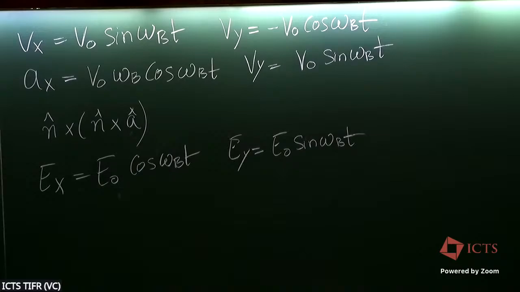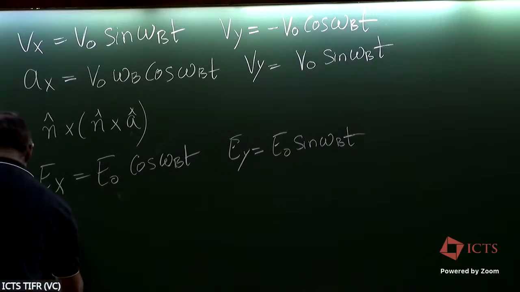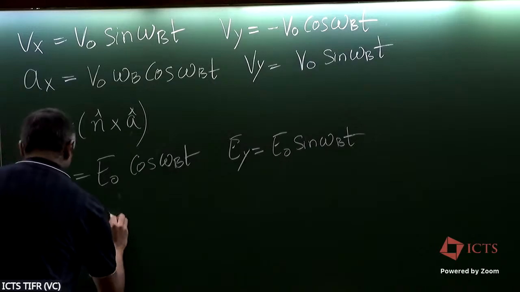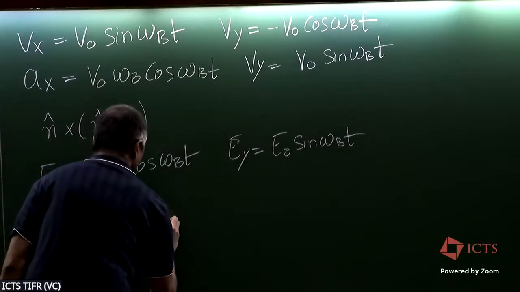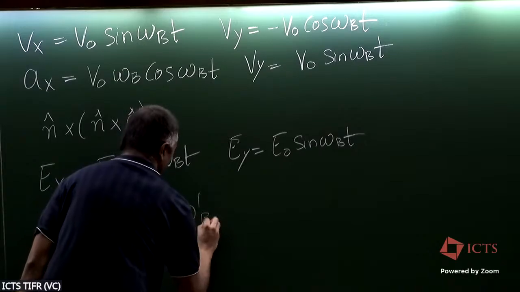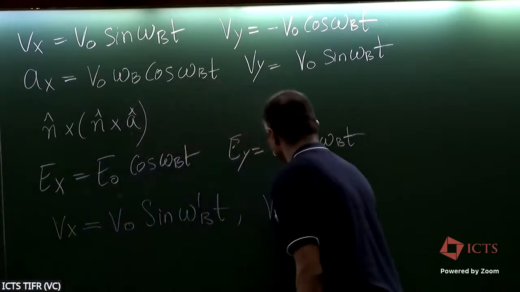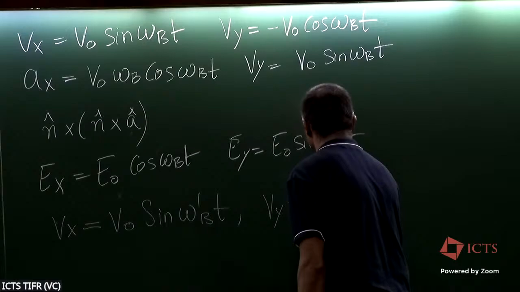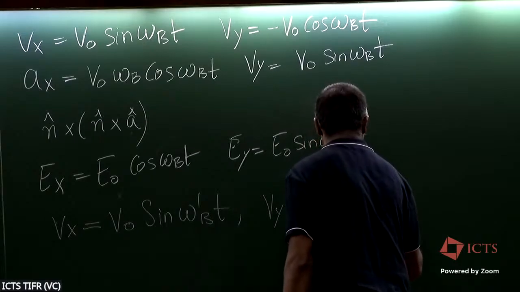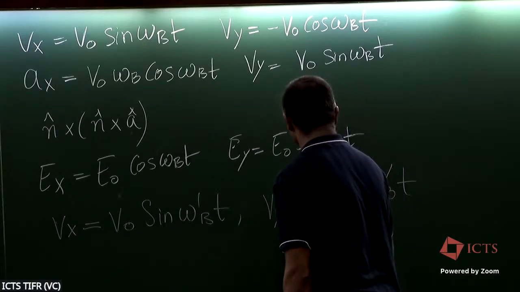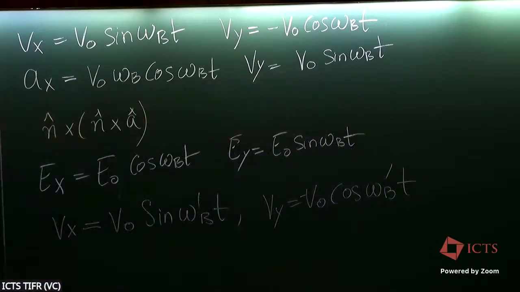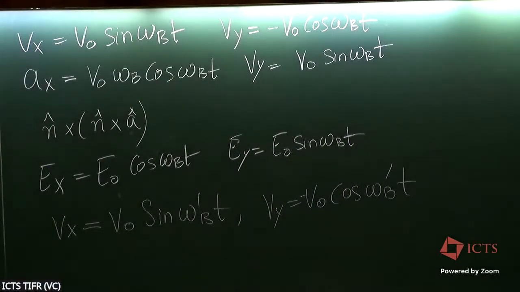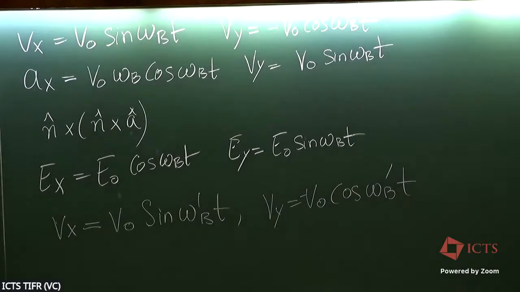I'm just going to call it omega prime. So let's say the second electron... Of course, this field is going to change the dynamics of the electron, but let's say this electric field is weak.